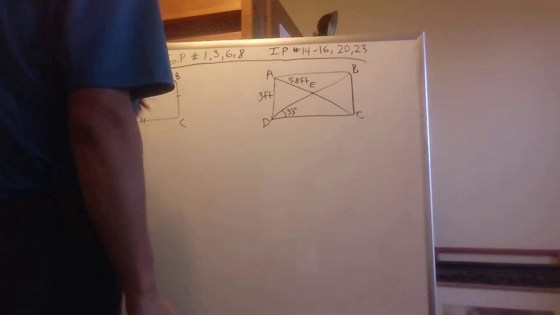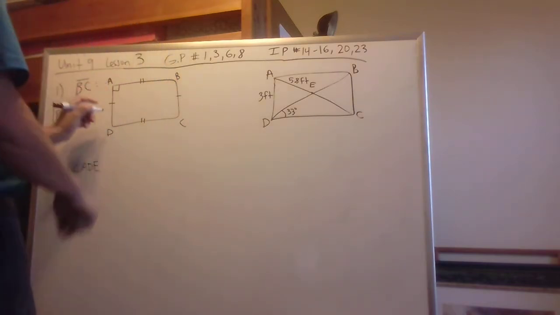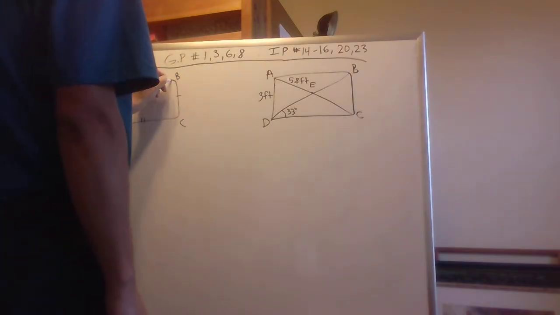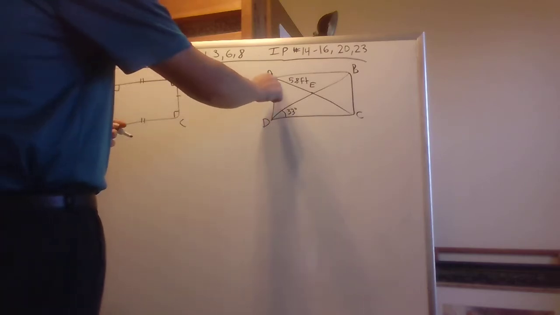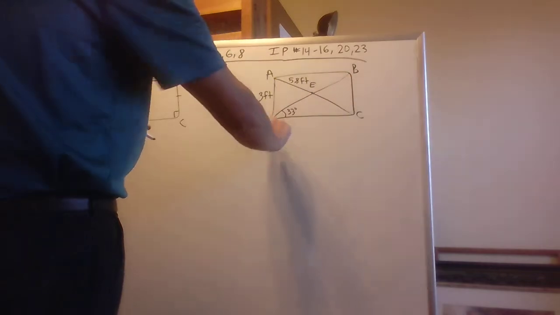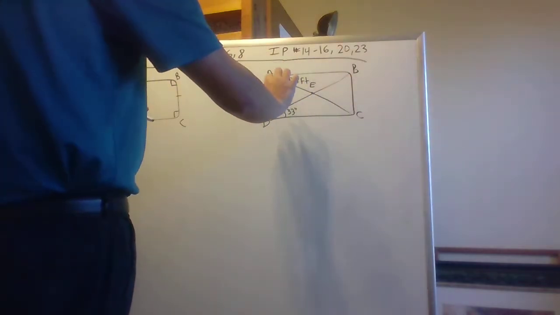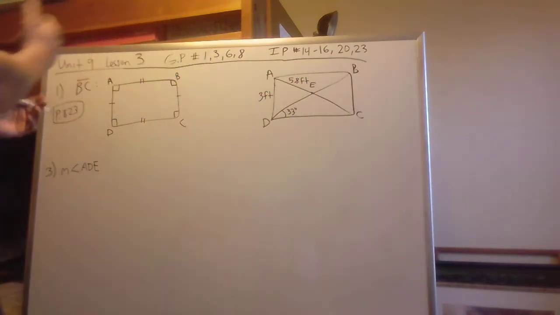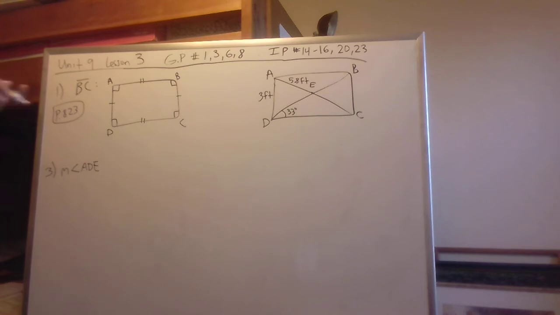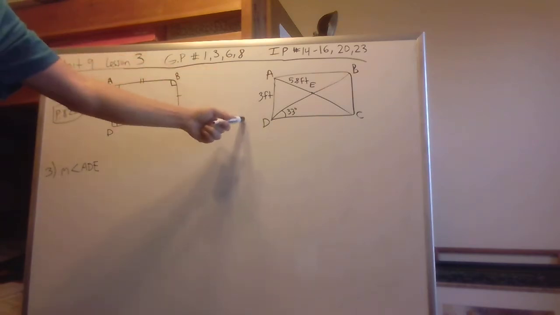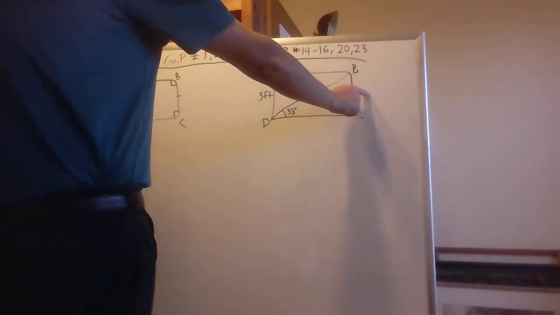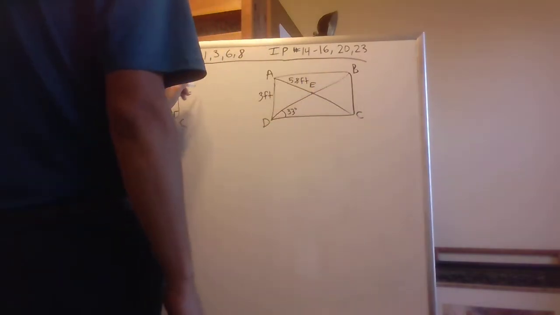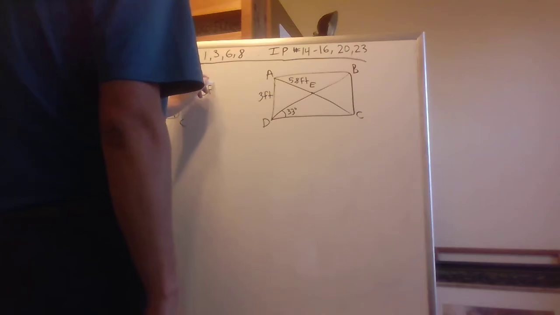And we have a 90-degree angle at every corner, where a vertex is, like A, B, C, and D. That's the property of a rectangle. So if we look at AD, AD is 3 feet. BC is the opposite side, so BC is going to also be 3 feet.